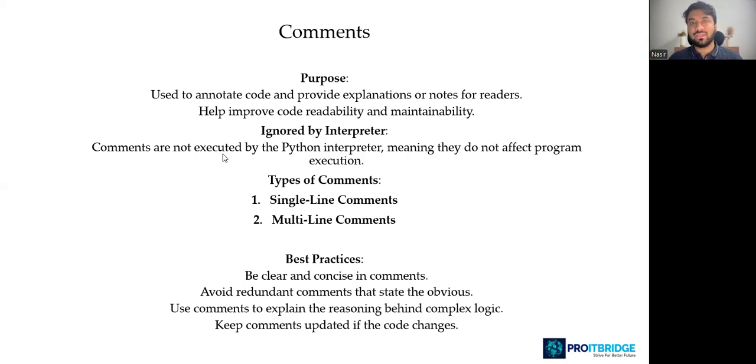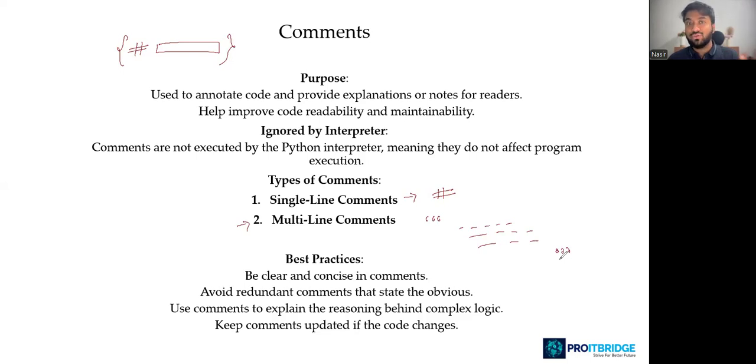Now there are two types of commenting options available. One is single line comment, where whatever we write is in one line only. Another one is multi-line comment. For a single line comment, we make use of hashtag. And for multi-line comments, we make use of triple quotes. Within this, give any sentence; it has no specific meaning for the compiler or interpreter.